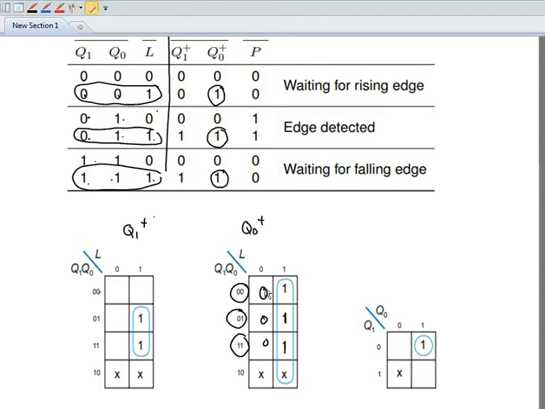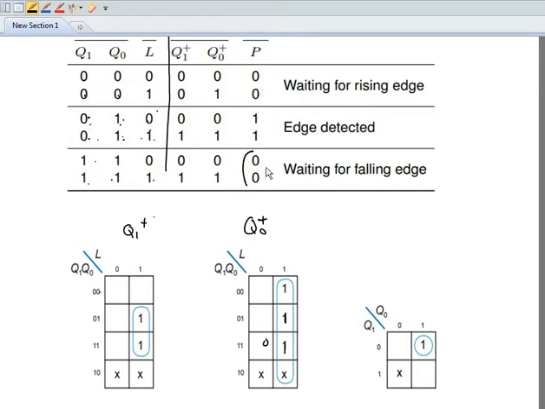Okay. And, sorry. Finally, P. Sorry, P is 1 when Q1 and Q0 is equal to 0, 1. Remember, when you are in state edge, the output P is equal to 1. So 0, 1, then your P is equal to 1.